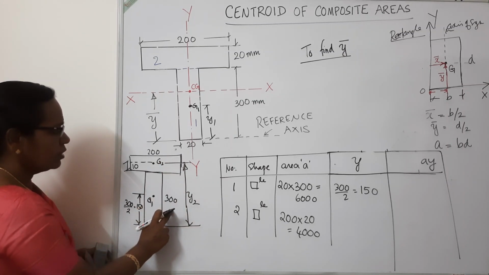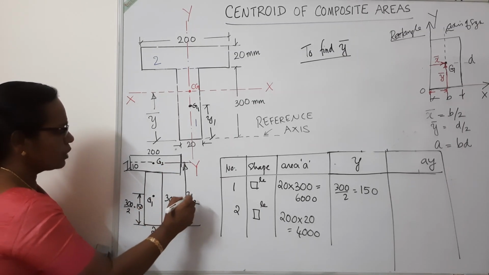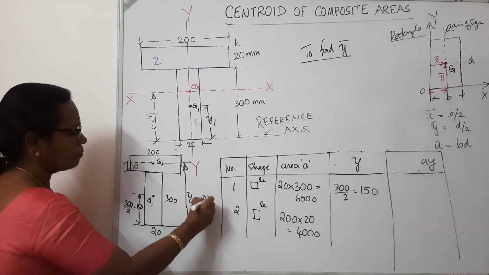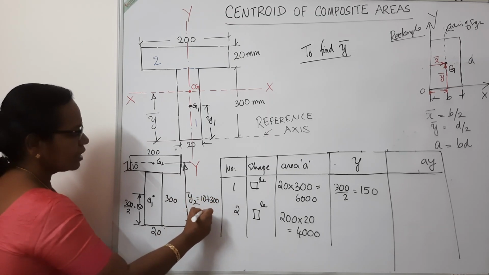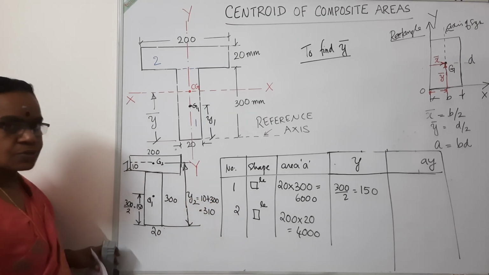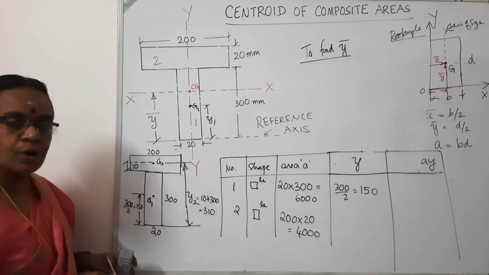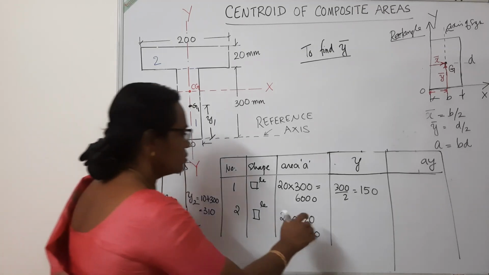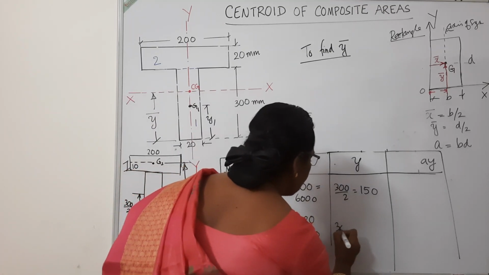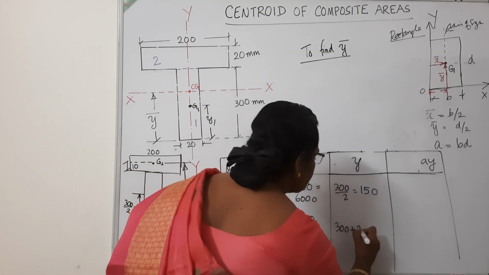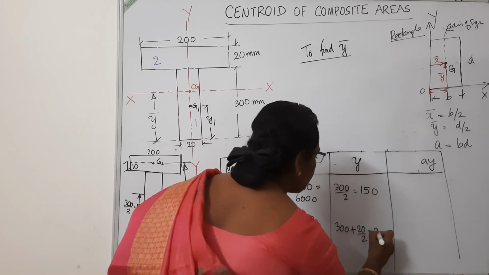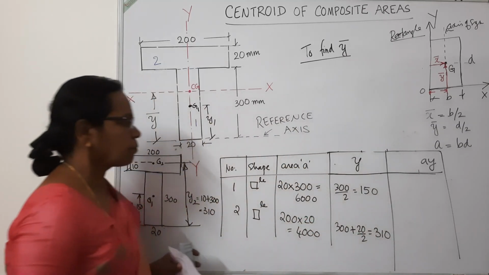This is 300. So Y2 is equal to 10 plus 300, 310. So from the reference axis, the distance up to the centroid of the second figure is 300 plus 20 by 2, equal to 310.